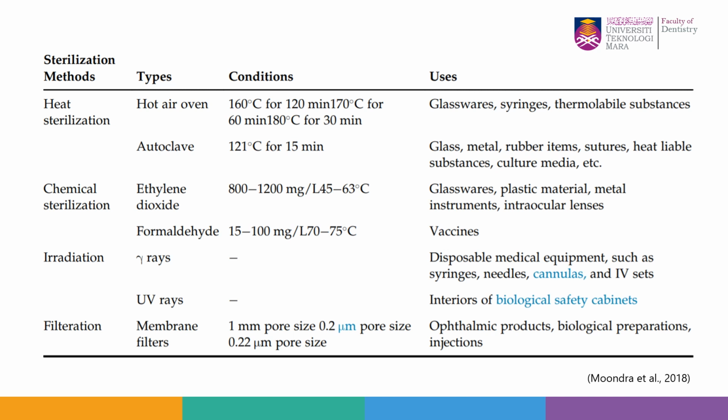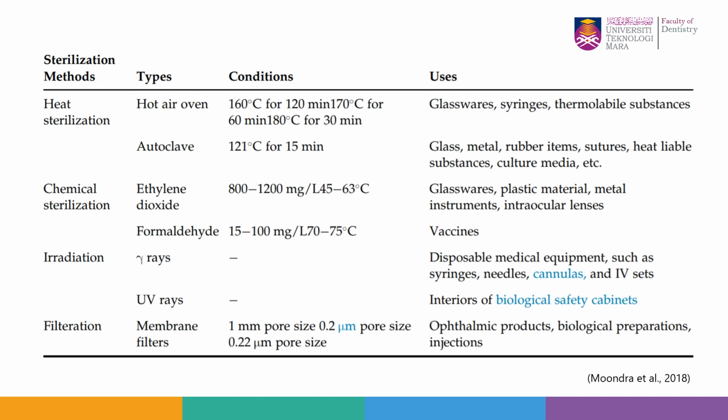Okay. Again, just looking at the details of the sterilization methods that we look at now. Looking at heat sterilization, they are using a hot air oven or autoclave. So in dentistry, we normally use an autoclave.